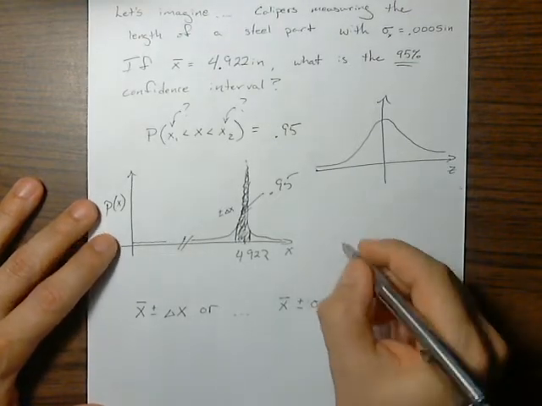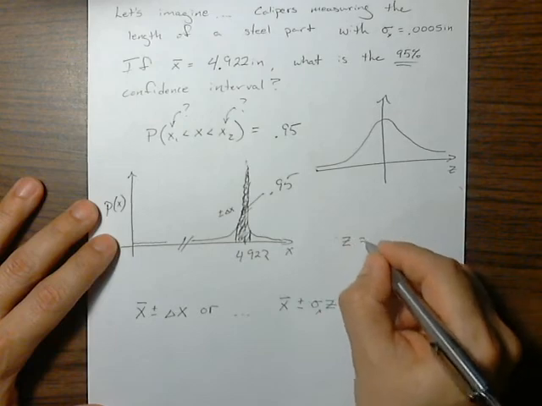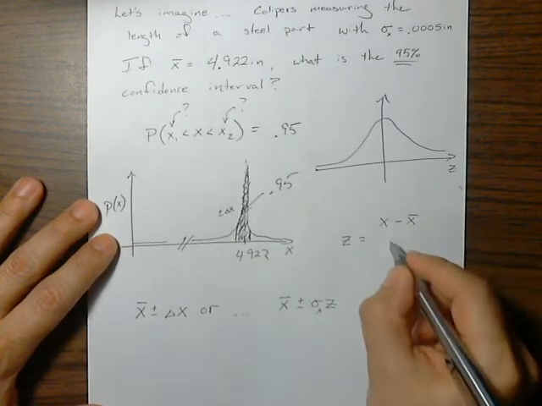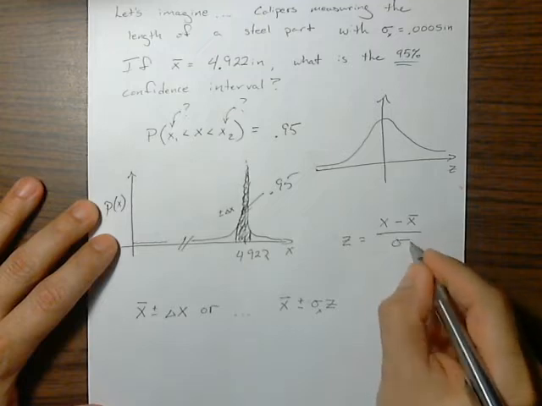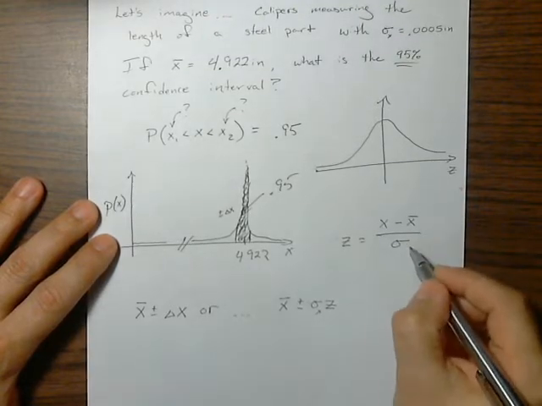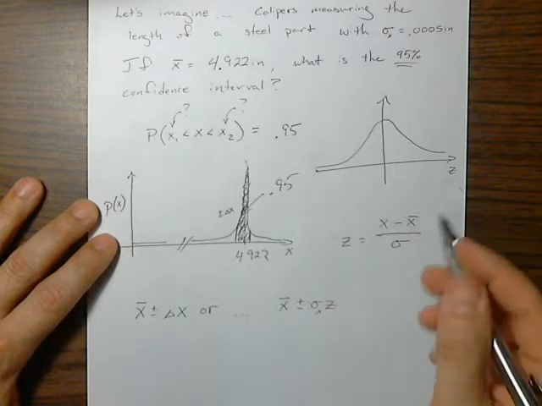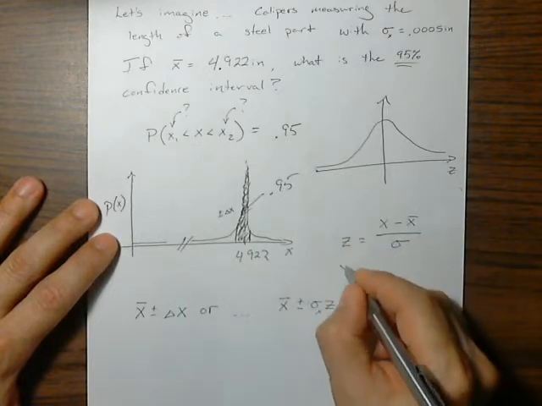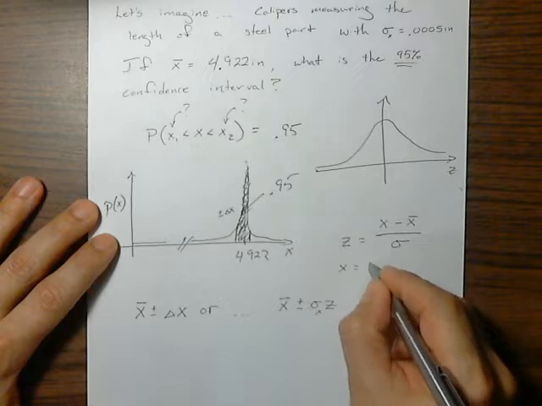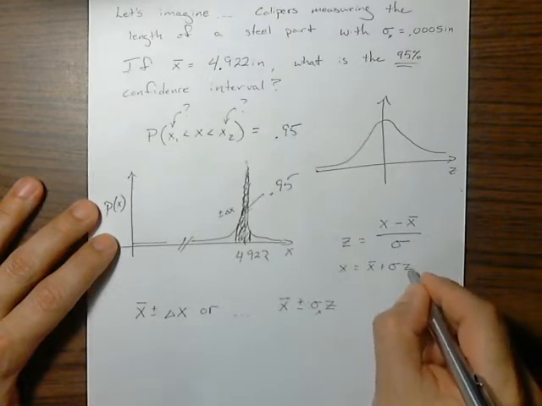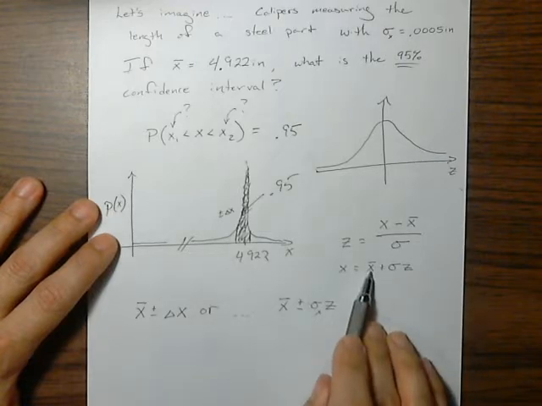Remember Z? Well, if I just solve for X in terms of Z, going backwards, then X is just equal to X bar plus sigma times Z. So how far am I away from X bar?